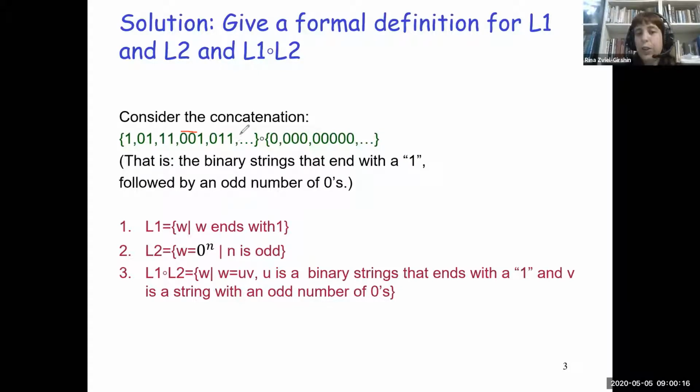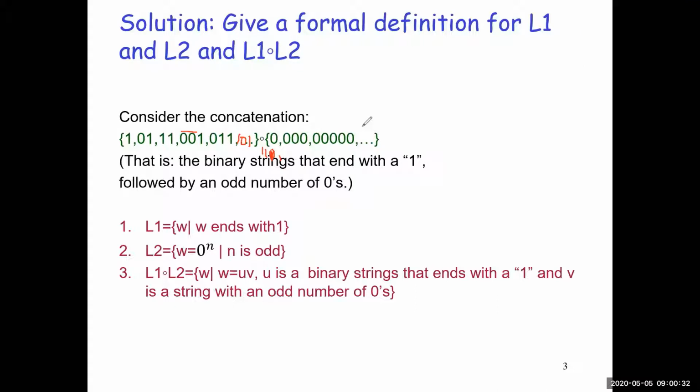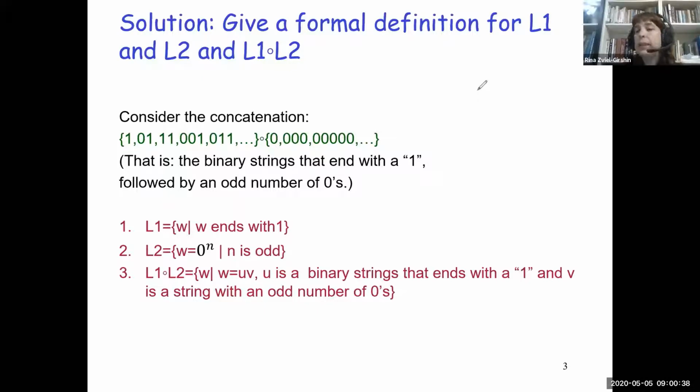The next word here, I think, will be 101, and then you will have 111, and then you will move to the words of length 4. Okay. I don't see it straight away when I look at the language. Exactly. That's why I actually liked this question, because it was difficult to see the language itself.